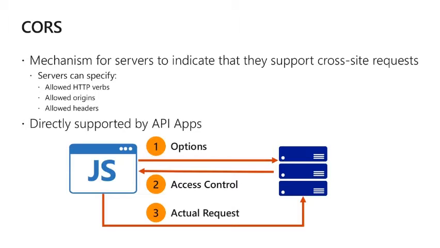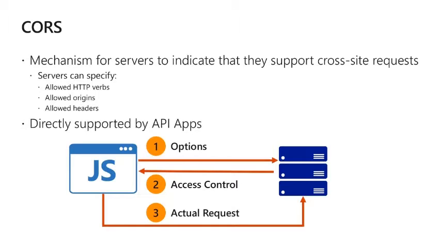In a standard CORS implementation, the JavaScript client will send a pre-flight request by using an OPTIONS verb to assess the server's willingness to accept a cross-site request. If allowed, the JavaScript client will then issue a cross-site HTTP request. If you are familiar with REST APIs, this already happens.